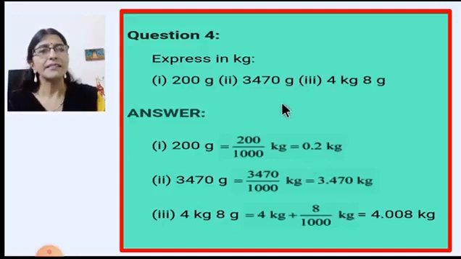Now next one, 3470 gram. Again we will write 3470 upon 1000. Now there are 3 zeros again. The point will be shifted from the last to 3 places here, and then here you will get the answer 3.470 kg.